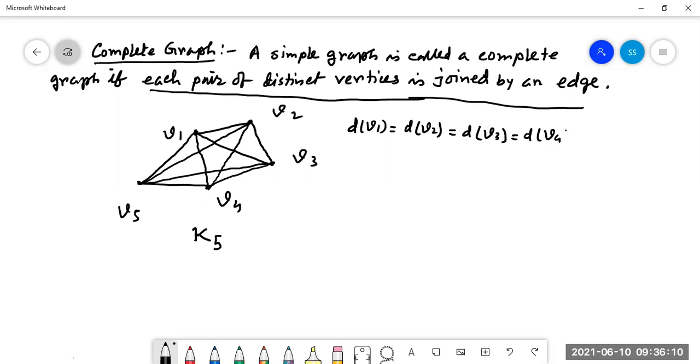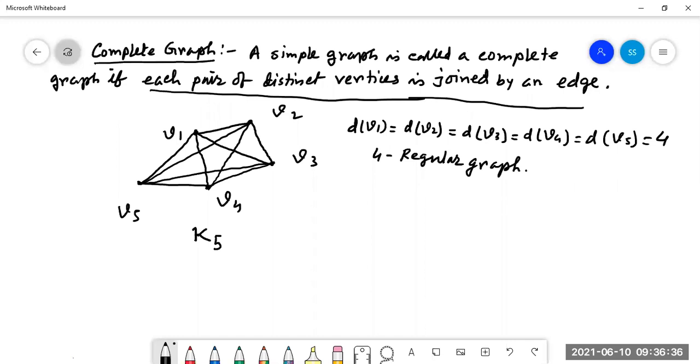Degree of V4? Degree of V5? All having 4. So can we say that it is a 4 regular graph?